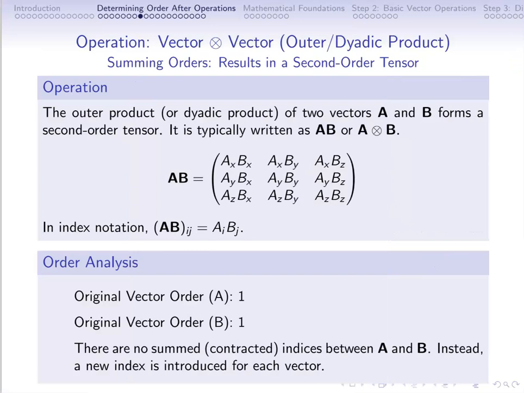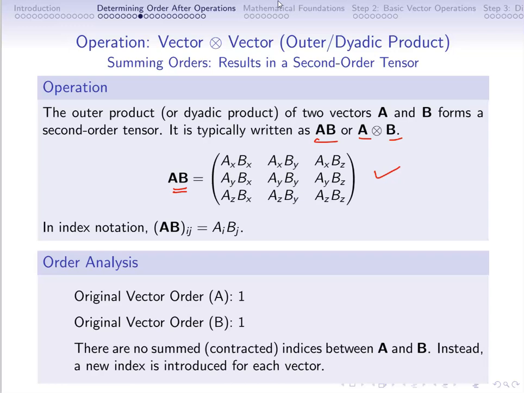Now vector direct product. The outer product of two vectors a and b forms a second order tensor. It is typically written as ab, or a direct product b. It will give 9 components. Here, in between there is no sign.